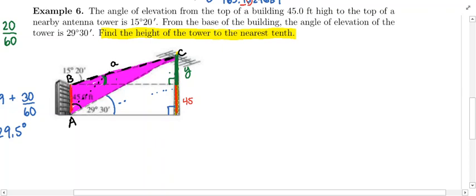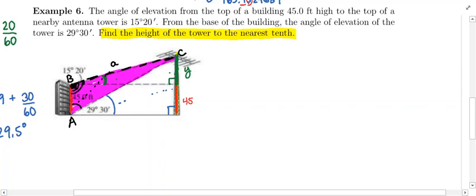So let's talk about what we know about this purple triangle. Obviously, we know the red side, that's 45 feet. We actually know the measure of angle B. If you notice, angle B is made up of a right angle, this right angle, and this little smidgen, the 15 degrees and 20 minutes.